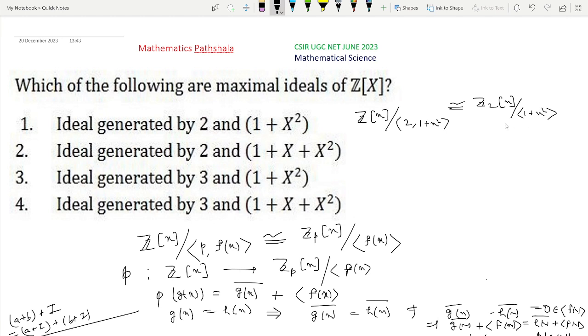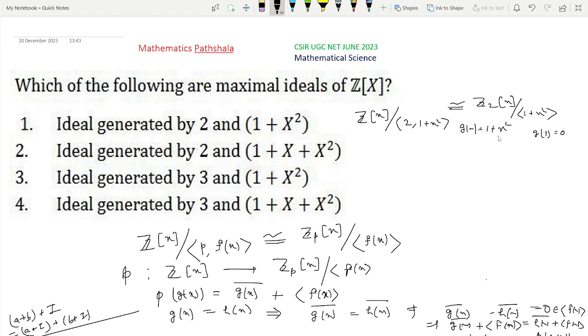So here it's easy to see that 1 plus x squared is actually reducible, because 1 is a root of this polynomial. If we take g(x) equal to this polynomial, then g(1) equals 0, that means class g(1) equals 0.